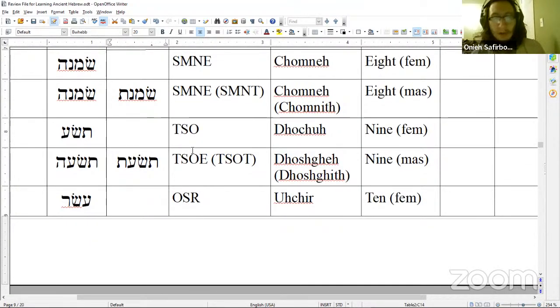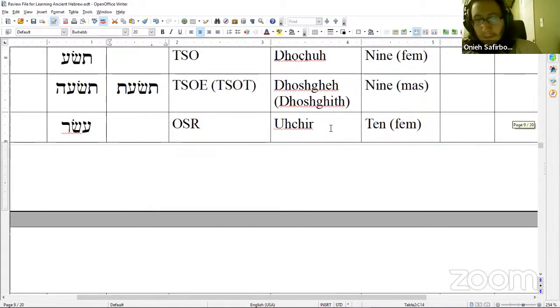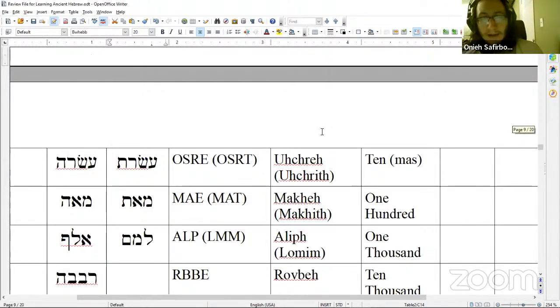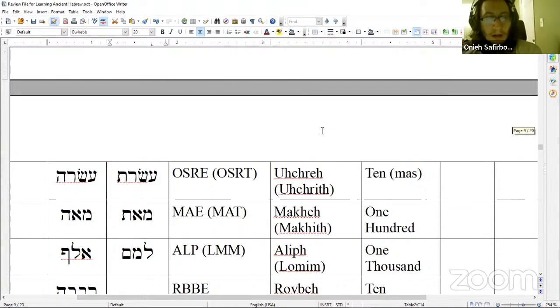The masculine form is Dhashka, originally Dhashkith. And the number for 10 is Utcher, the feminine form. And then the masculine form is Utra, originally Utra. And the number for 100 is Maka, originally Makith.